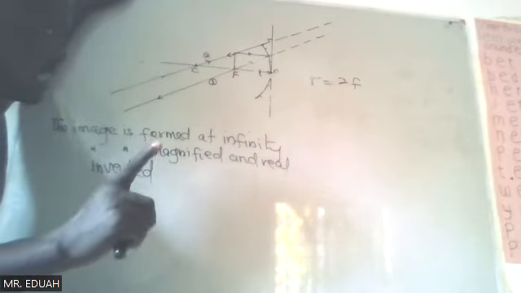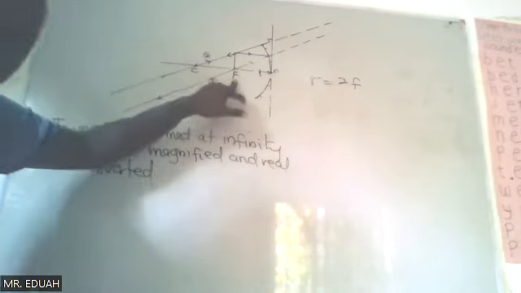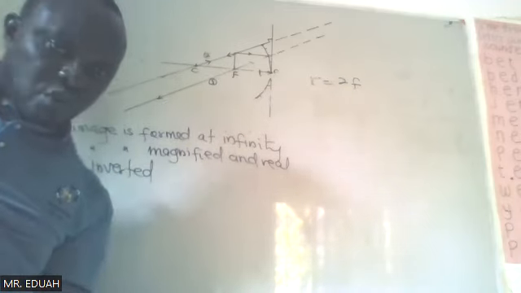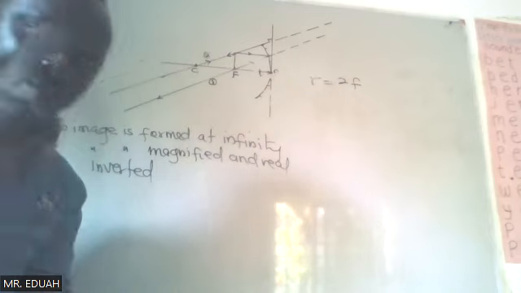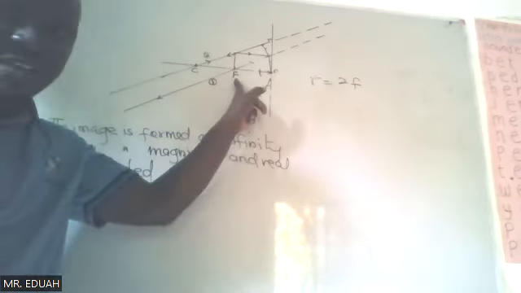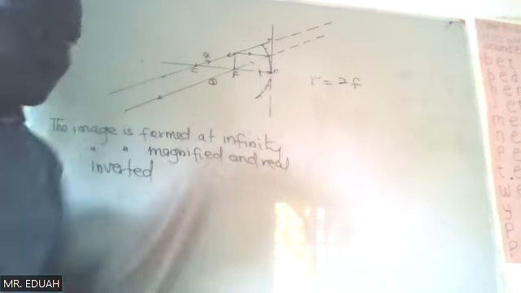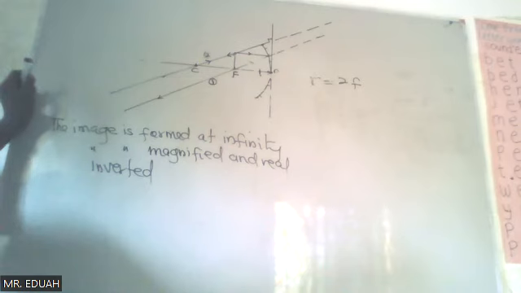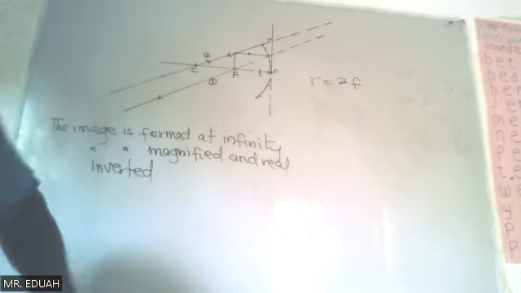The only change is that when the object is at F, the image is formed at infinity. So it will be real, magnified, inverted, but formed at infinity. Are you okay? You said when the object is at F, the image is formed at infinity.